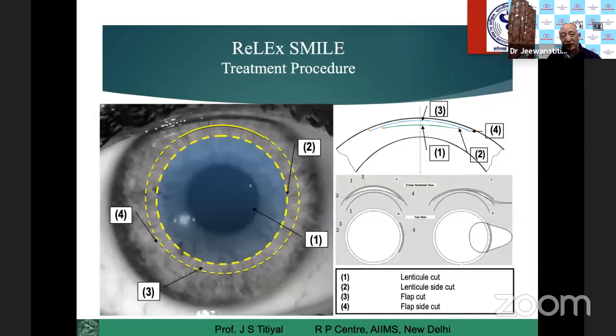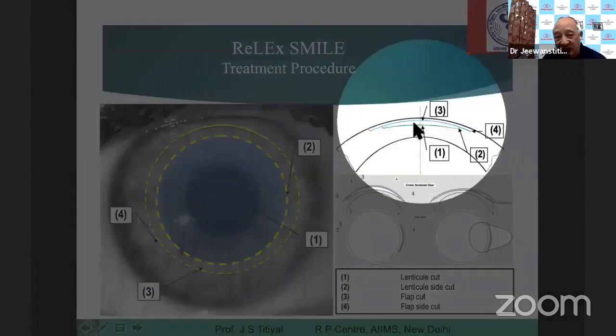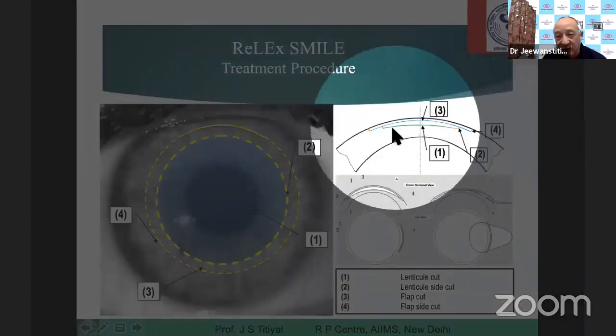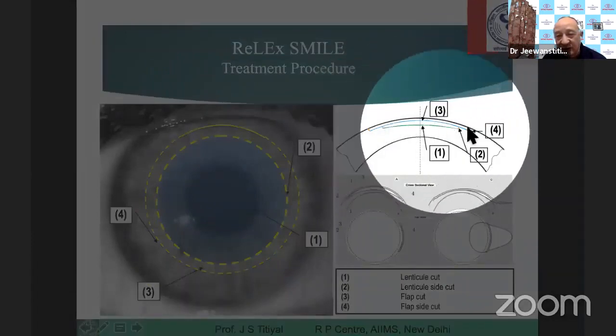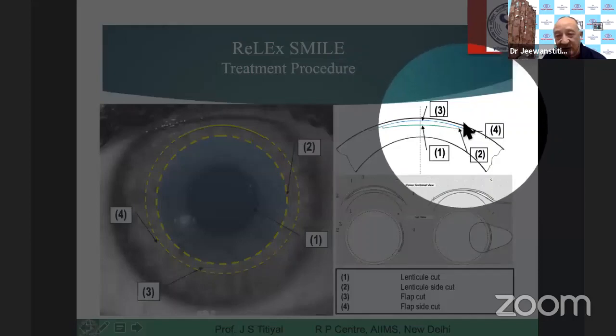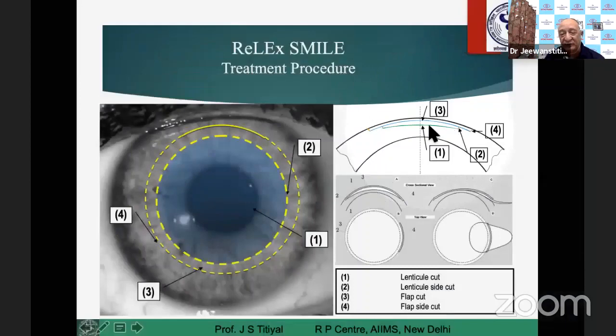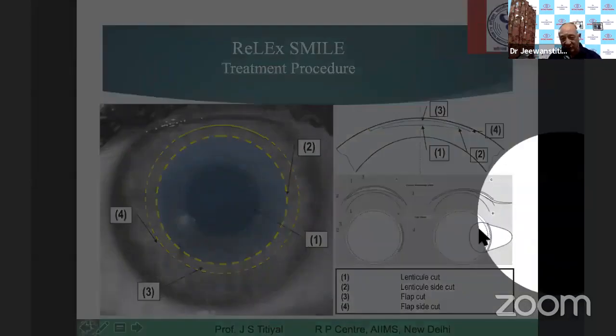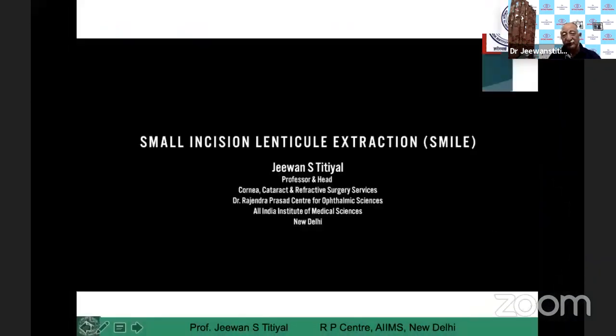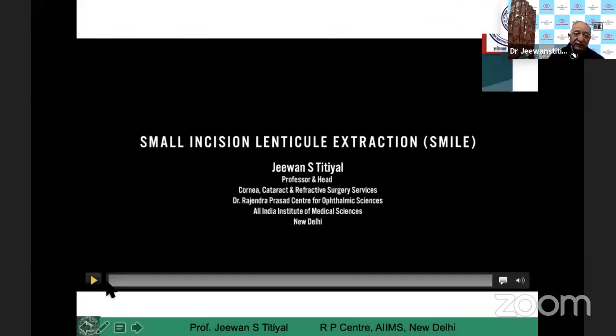So basically you have 4 applications here. The first is the laser placed to create a lenticule, then your lenticule side cut, then there's a flap cut, which is around 110, 120 microns, and subsequently the side cut to dissect out and take the lenticule out from this patient.